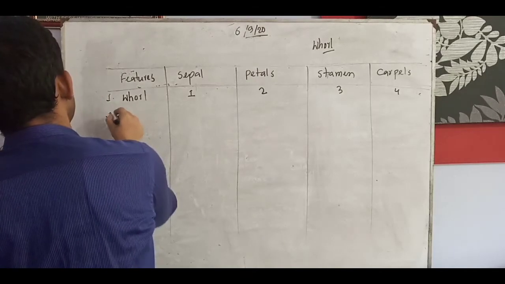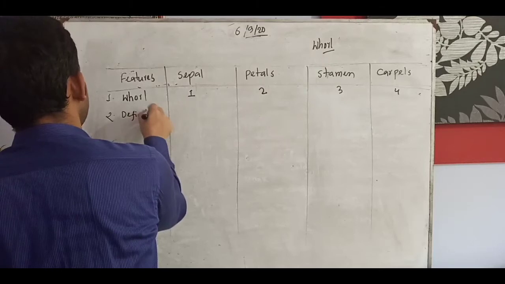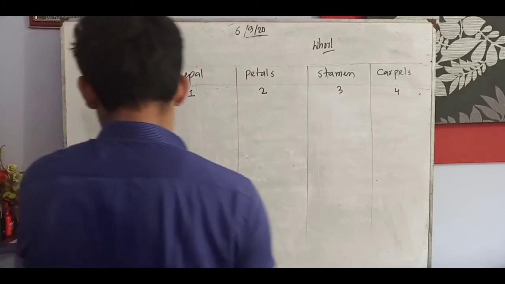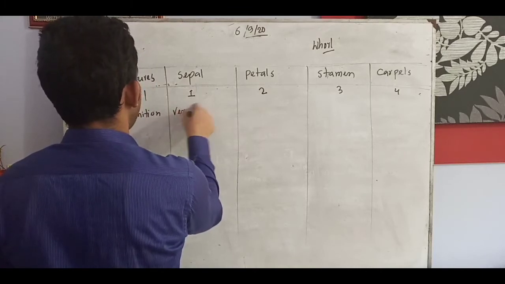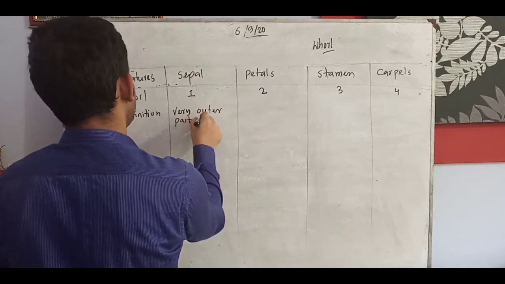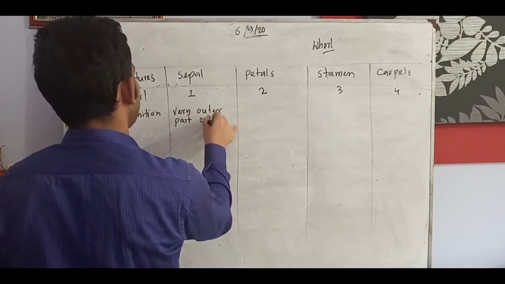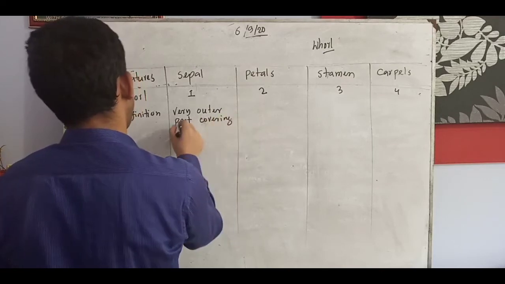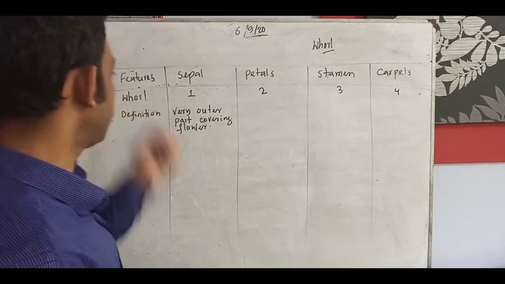Then we can see the definition. Okay, sepals, the very outer part covering the flower. The outer part covering the flower is the sepals.